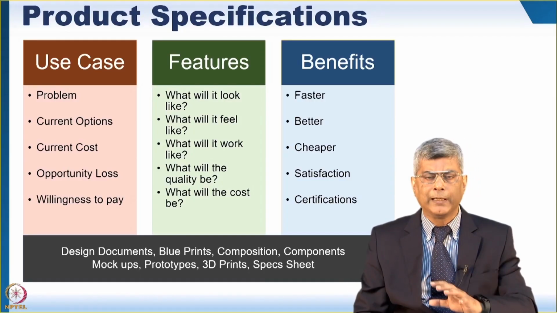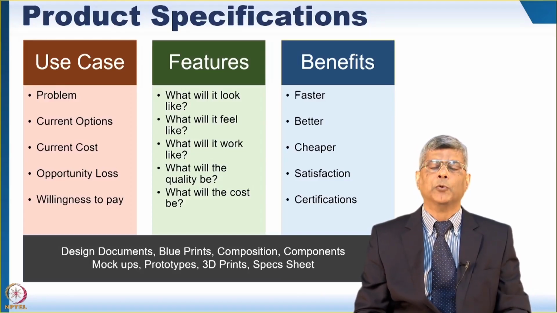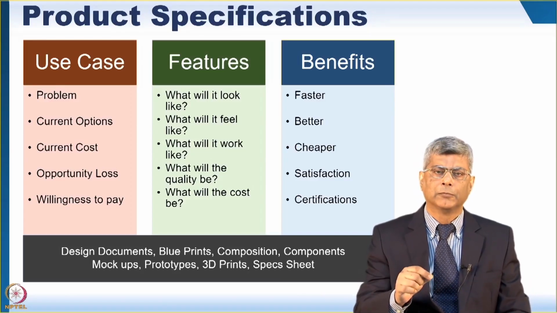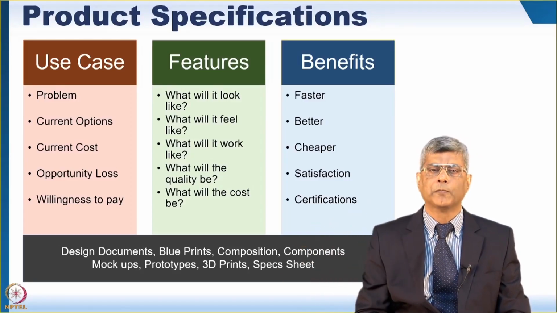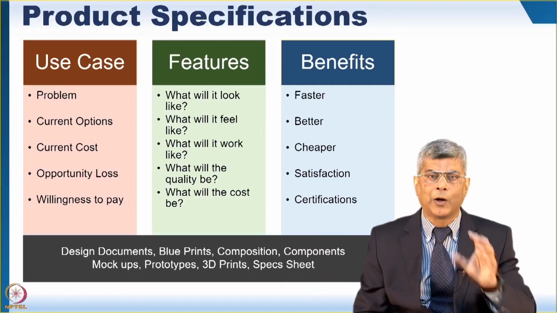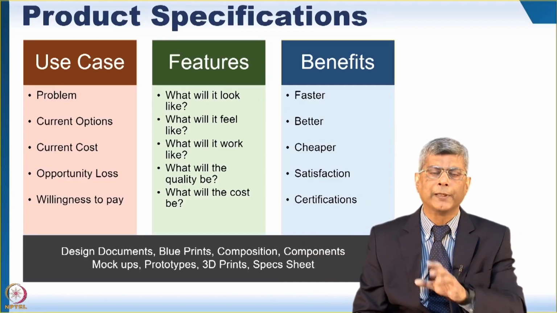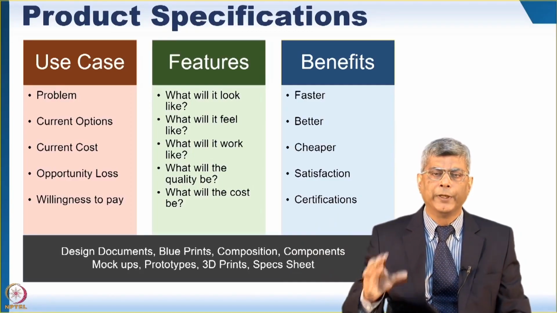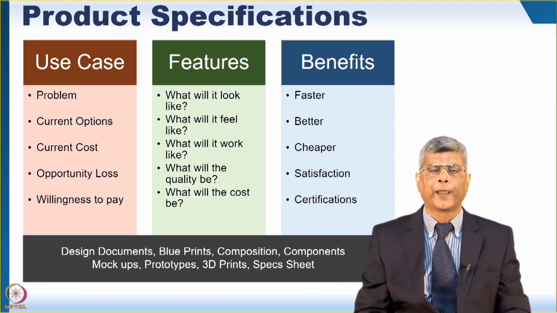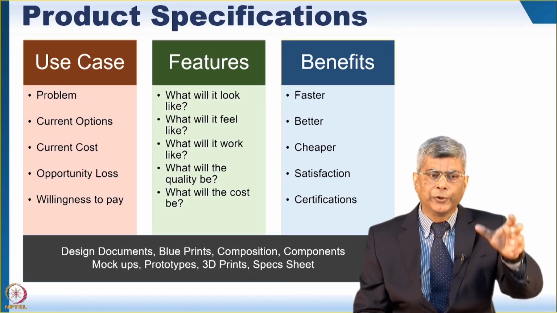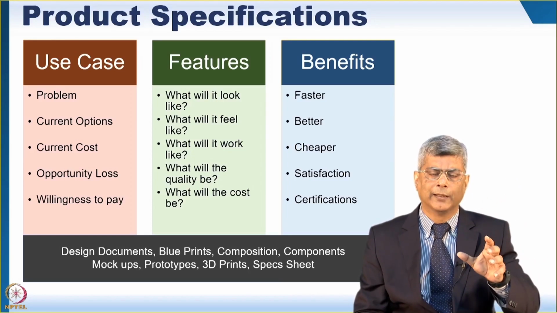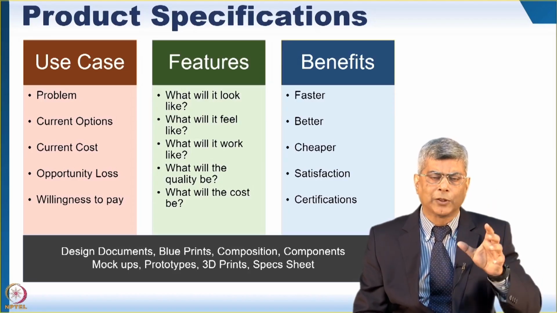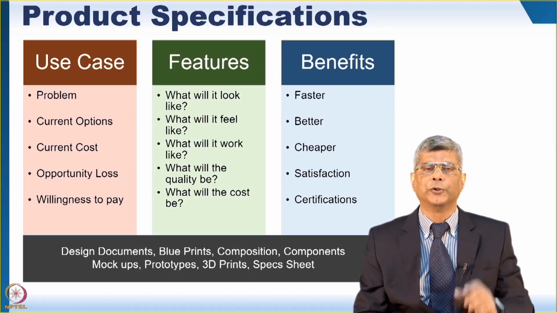And therefore, the company in the product specs will probably have to write down and say, okay, these are the cars that the customers are already using, but here's what our company car will be unique about and will be better, etc. So to define the use case, I can see what are the options and the specs that you have to include under the use case.